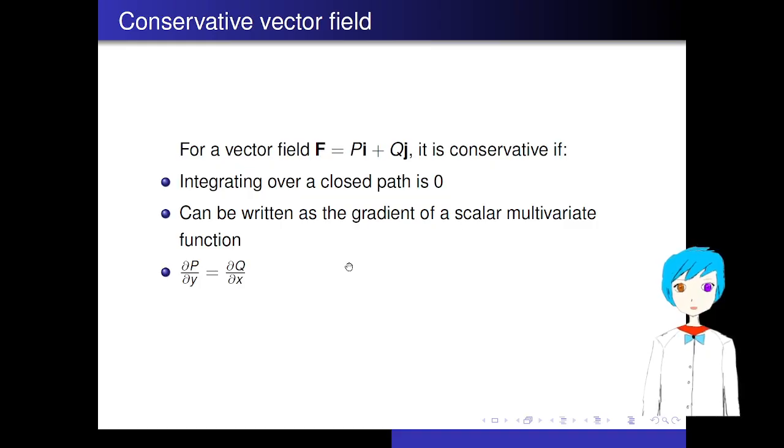If it can be written as the gradient of a scalar multivariate function, then we call it a conservative vector field. In this case, if P and Q are continuously differentiable, then partial P partial y equals partial Q partial x. If it's conservative, then partial P partial y equals partial Q partial x. So there are some equivalent conditions to define a vector field to be conservative.